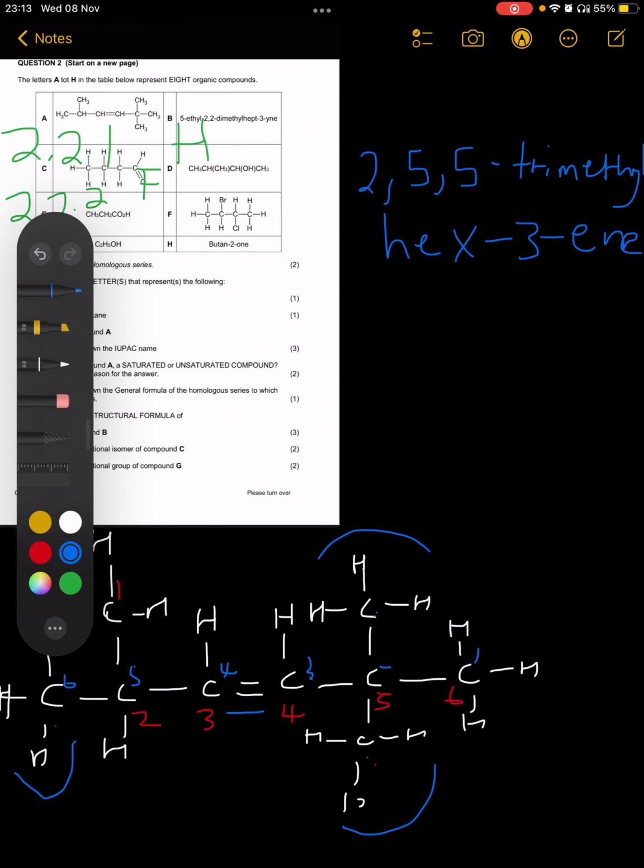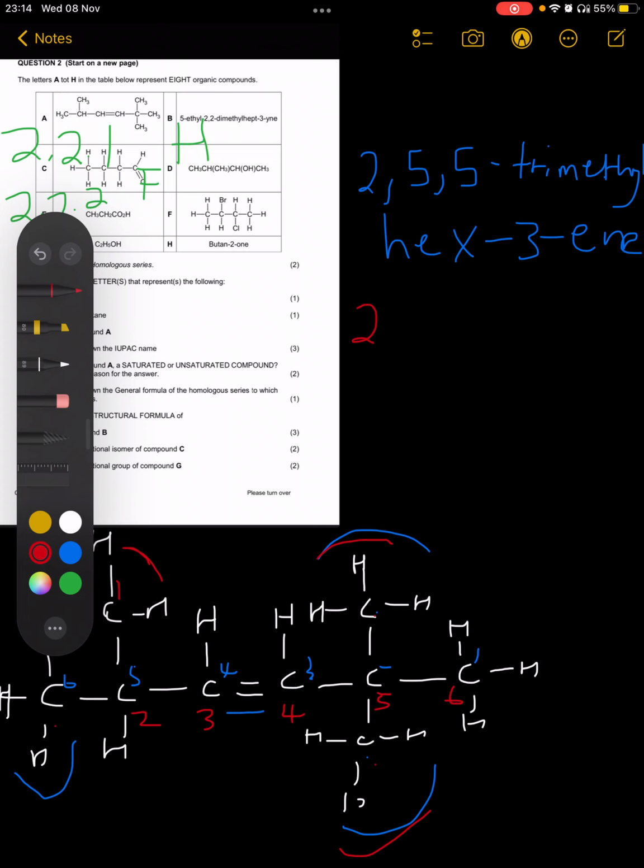Oh, if we choose to go with the blue numbering, our substituents would be here and here, and lastly would be here. So that gives us a 1, 2.